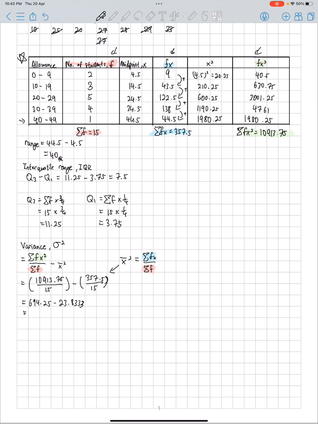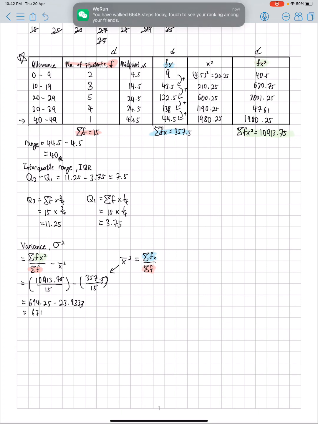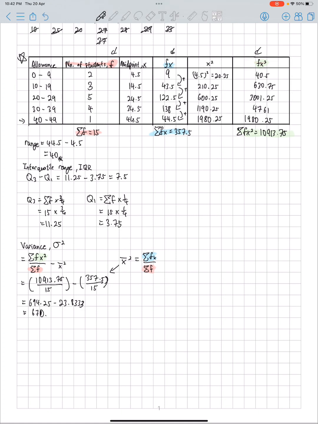So it will be 670.4167. So it depends on the question, but usually they will ask for 2 decimal places. So for 2 decimal places, the answer will be 670.42.